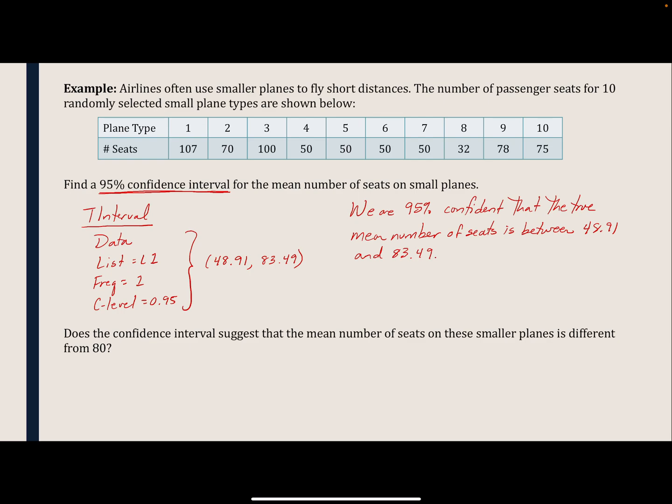So we would say no, 80 is in the interval. And this supports what we found in the test, because we failed to reject that 80 value. And so that mean number of 80 should be in the interval, since we failed to reject it.